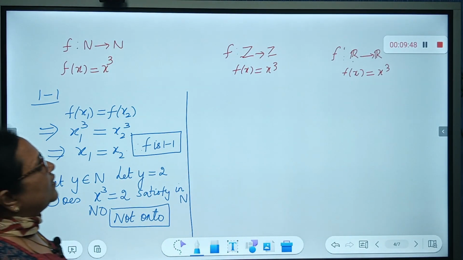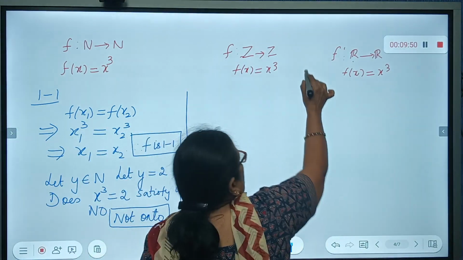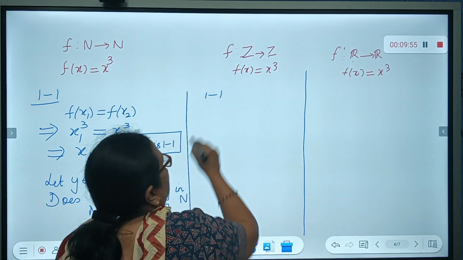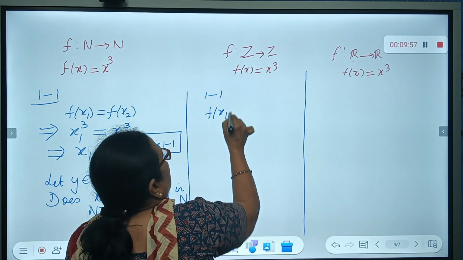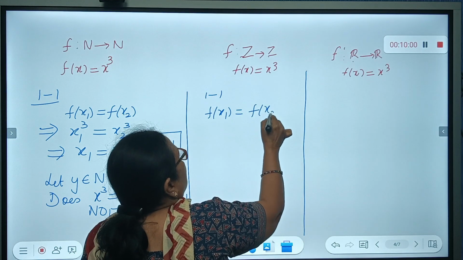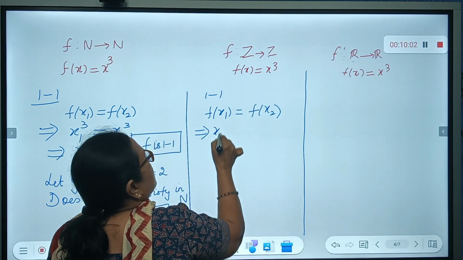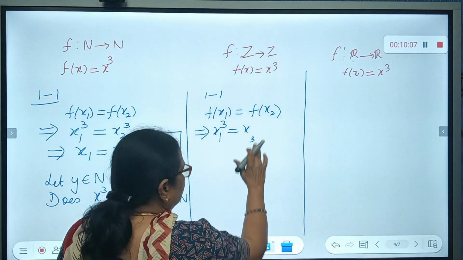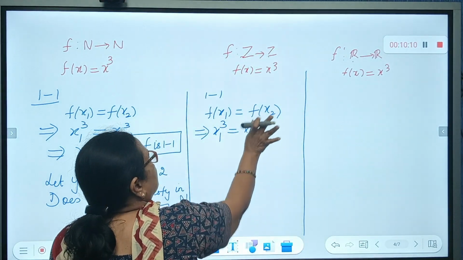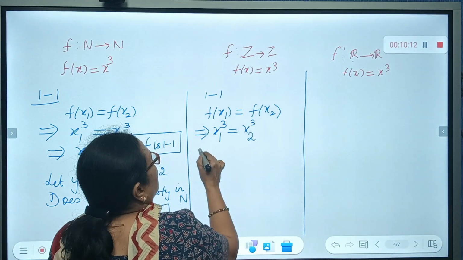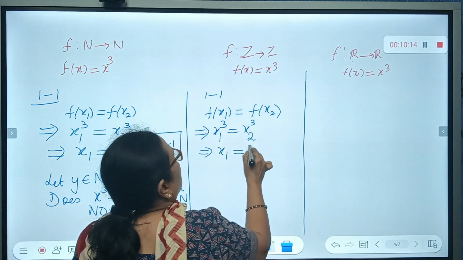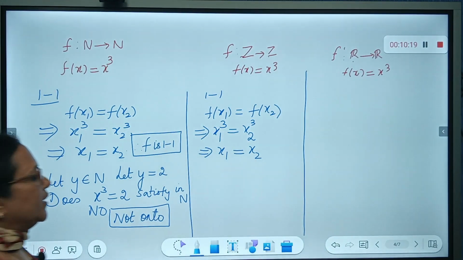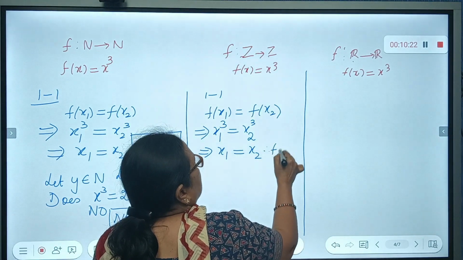Now, let us look at the set of integers. Again, let us verify whether this is 1 to 1. f of x1 equal to f of x2 implies x1 cube equal to x2 cube, which implies x1 equal to x2 in Z. This is true in Z. Therefore, f is 1 to 1.